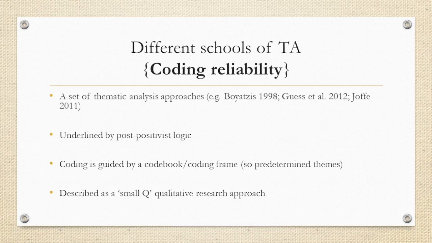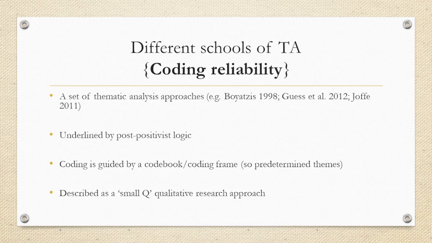This philosophy acknowledges the inherent subjectivity of knowledge and the influence of the researcher's background and perspectives on research findings, while still seeking objective understanding through rigorous methods. So that's just to give you a very quick idea.